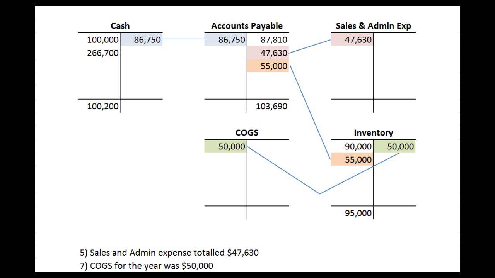Now in this case, you got told a couple of pieces of information. You got told sales and admin expense was item 5, 47,630. So we debit 47,630 and we credit accounts payable 47,630.